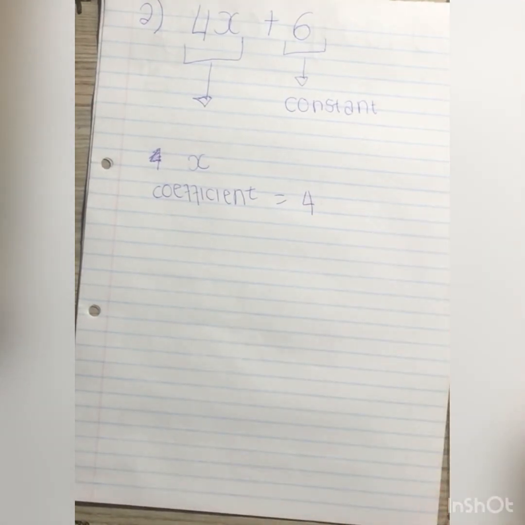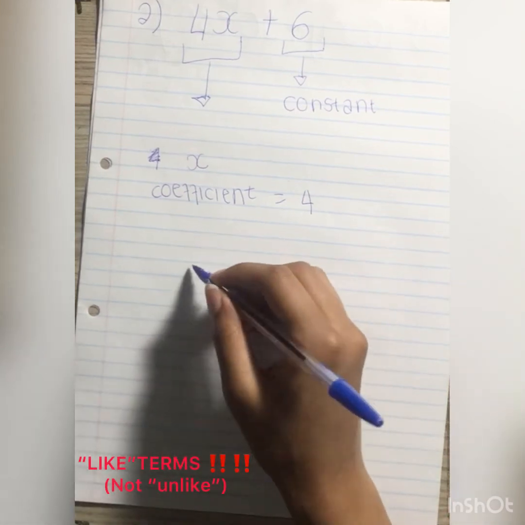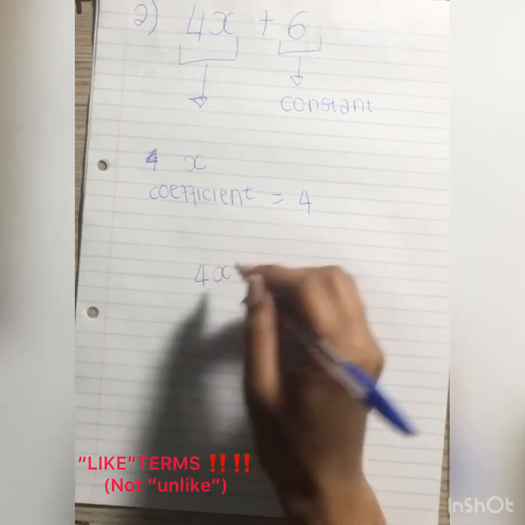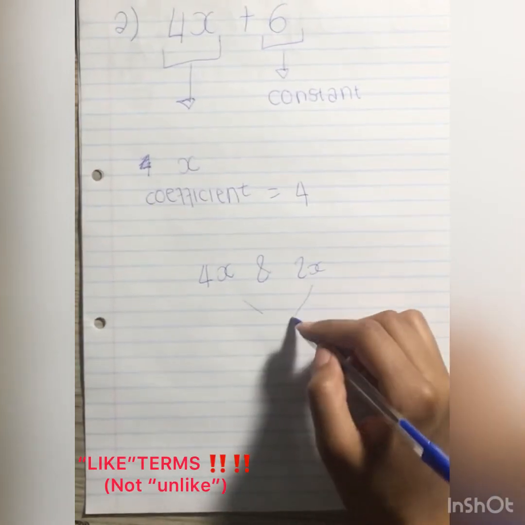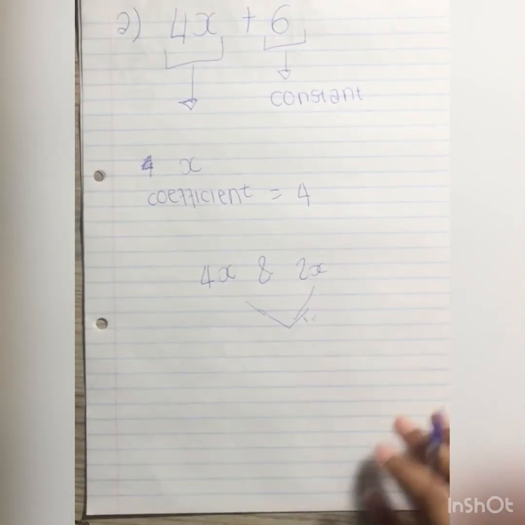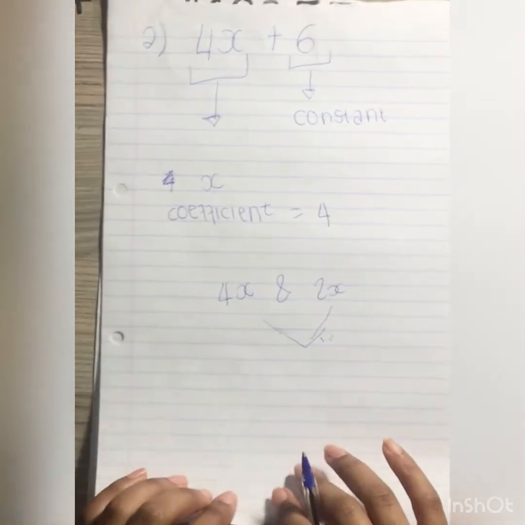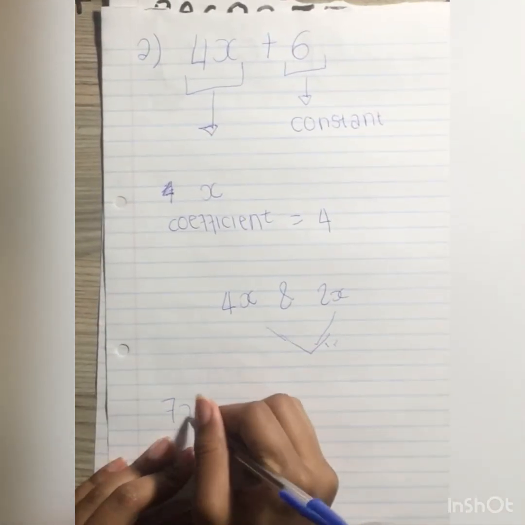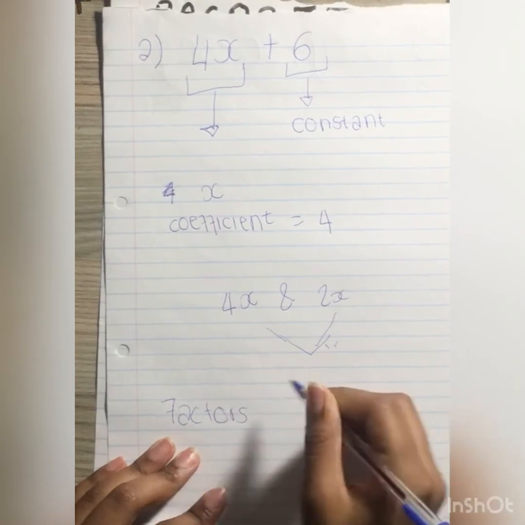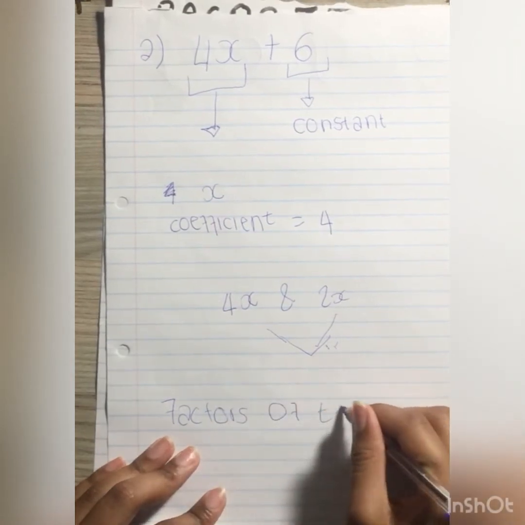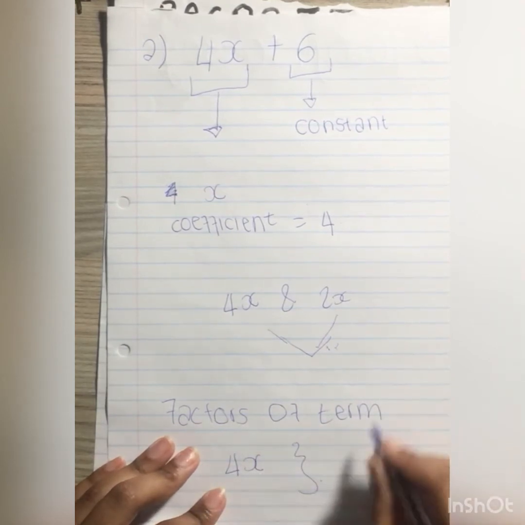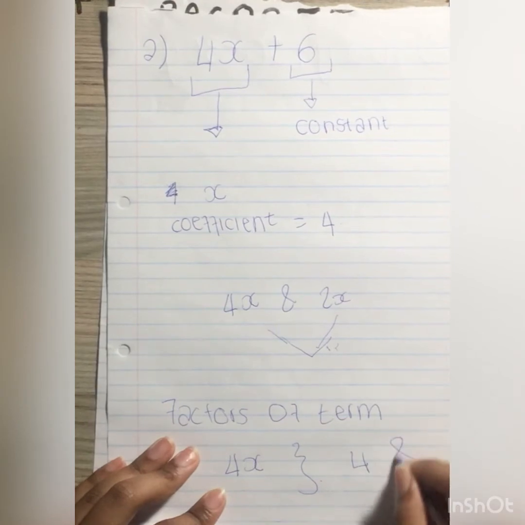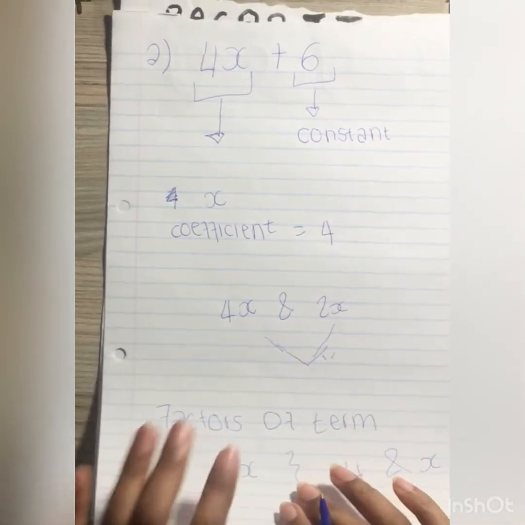And here when we look at like and unlike terms, like terms would be, for example, 4x and 2x, as they both consist of the same variable, okay? And if we look at the factors of the term 4x, we know that the factors are actually 4 and x, okay?